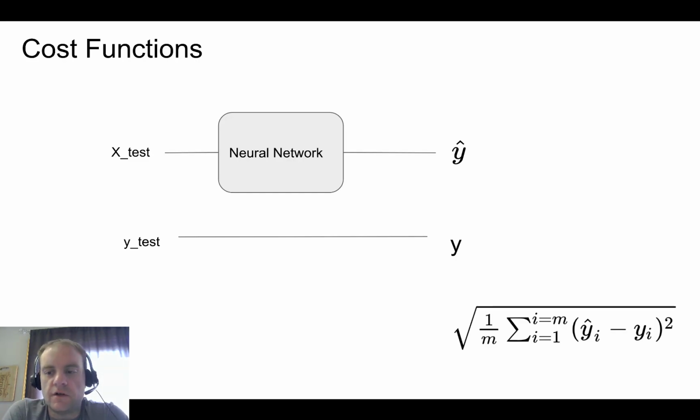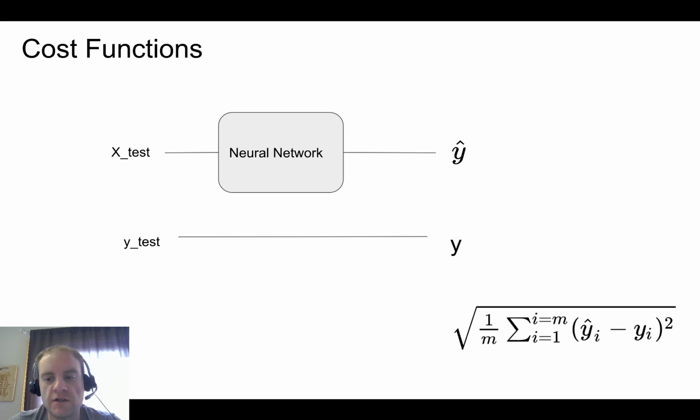Now, we should talk just a little bit about cost functions. Cost functions are something I'm sure you've seen before. If you think about a neural network as a black box, how we get a prediction is we take our training data, our test data, or our validation data. In this case, I'm using test. We show it to the network, and what we get is a prediction, which we'll call y hat. At the same time, we have the ground truth from our test set that we'll call y.